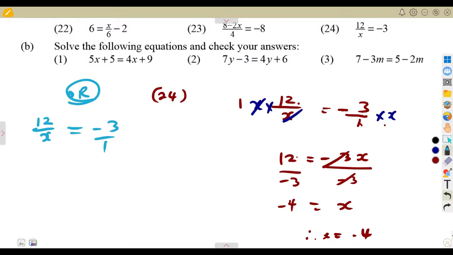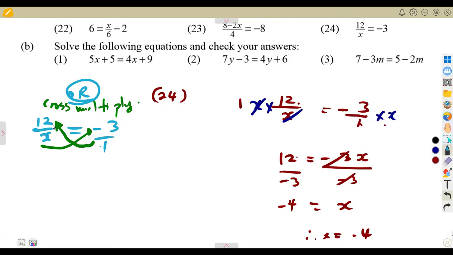So cross multiplication allows us to multiply this denominator to the numerator of this fraction, this denominator to the numerator of this fraction. That is cross multiplication. So you can cross multiply. That's another way. So it means 1 is going to multiply 12.